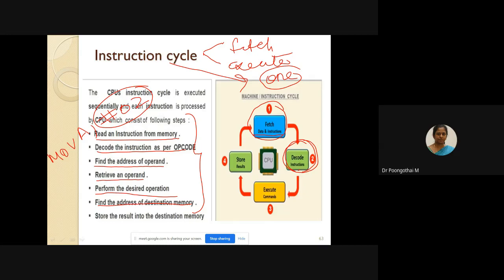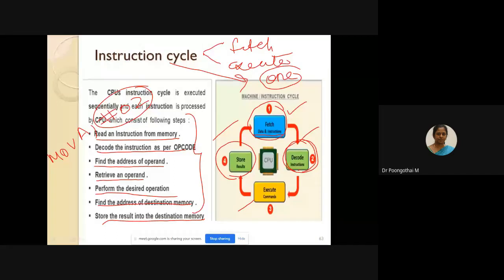So after your instruction is executed, by this step store, after finding the address, the result will be stored in the destination memory. So these are the main steps involved in your instruction cycle: fetch, decode, execute, and store.